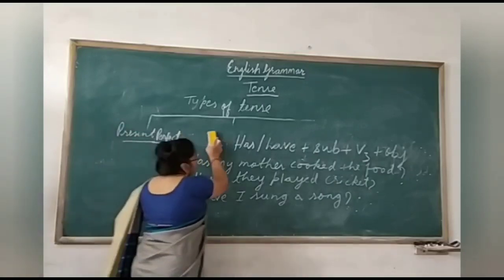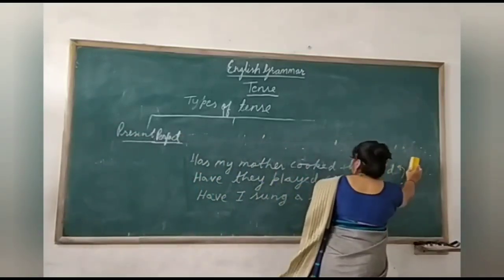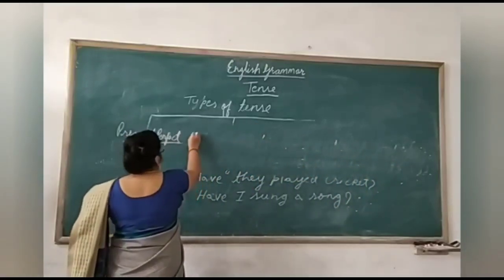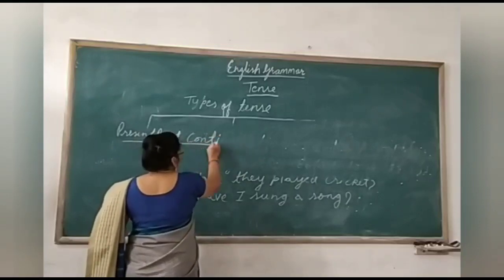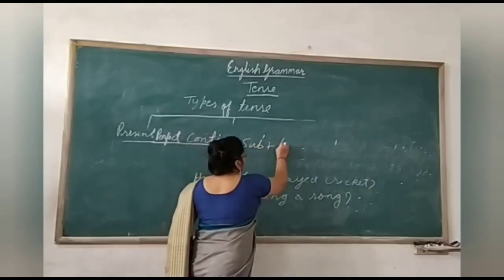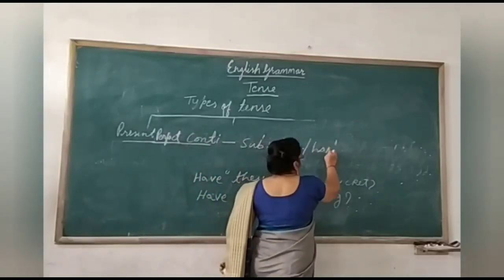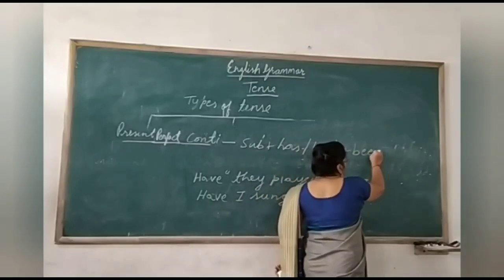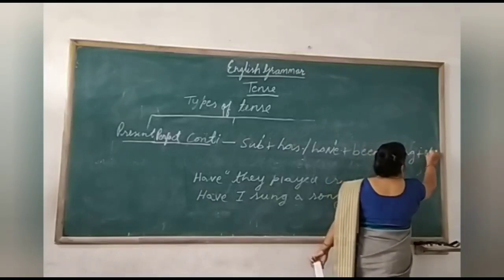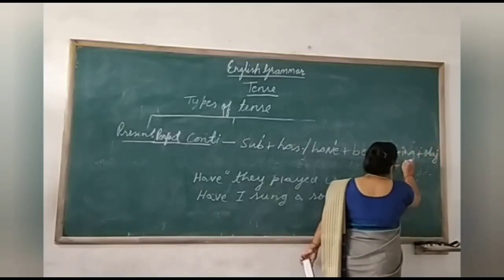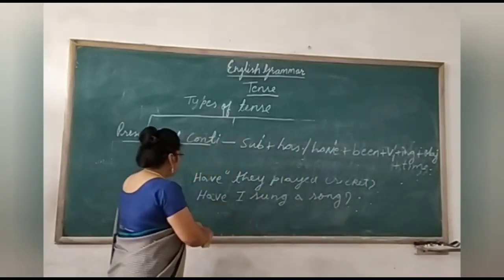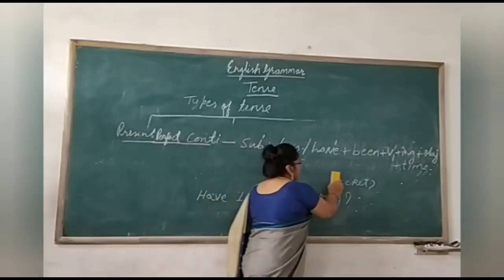Now, let's move ahead and learn the next tense, that is present perfect continuous. What will be the structure, children, here? Subject plus has/have plus been plus V1 plus ing plus object. Plus time also you can mention in this tense. How will you add the time? I will tell you with the example. See here.